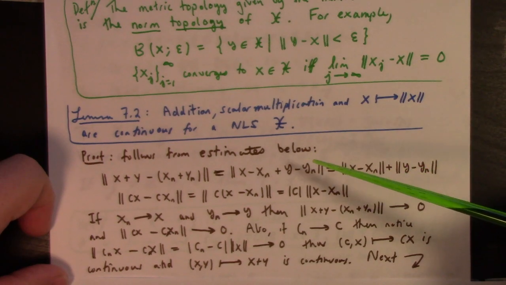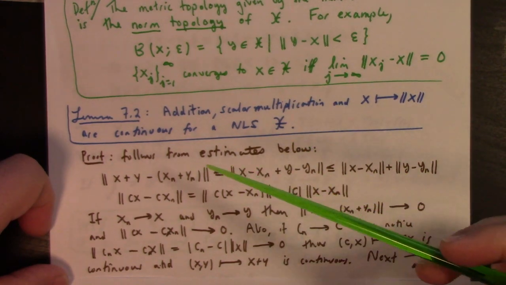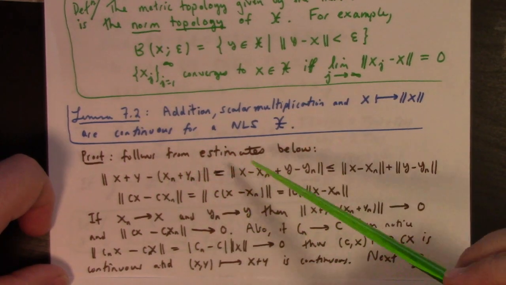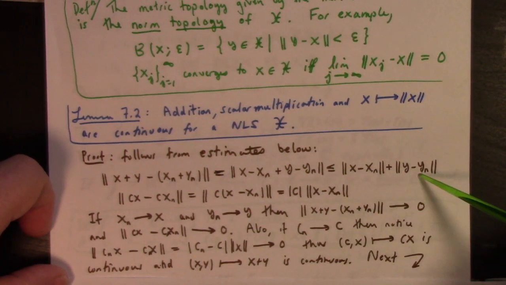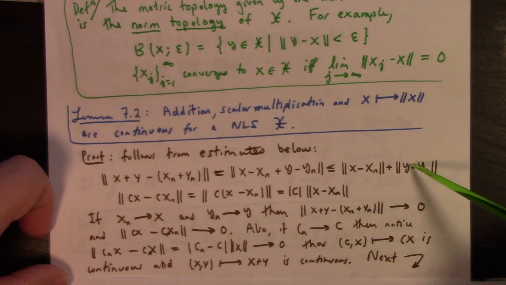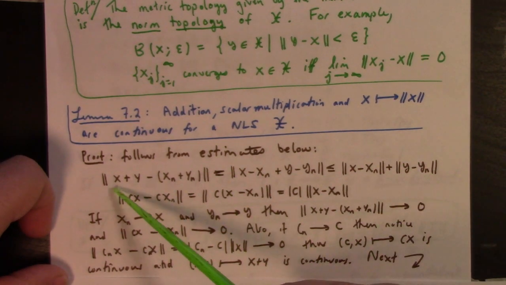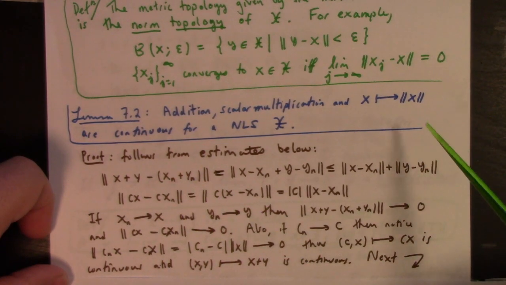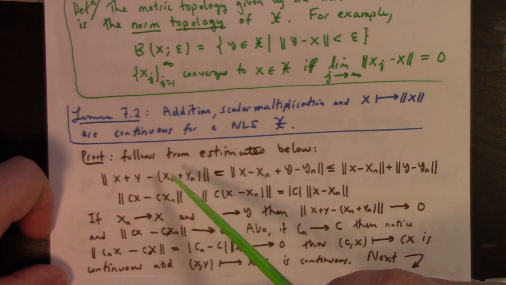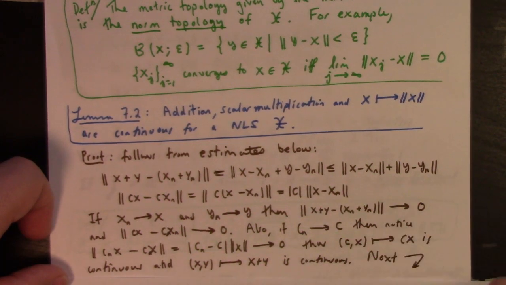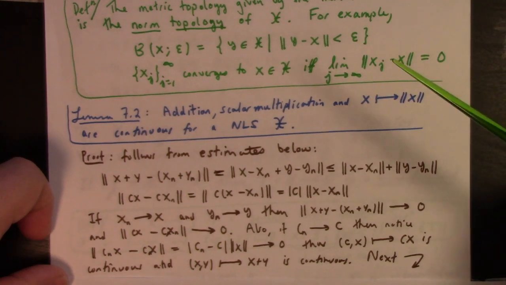But this is the heart of the matter: if we take this difference, we can rewrite it as the sum of these differences, which by the triangle inequality gives me that. So if I know that xn is going to x, and if I know that yn is going to y, then this plus that minus this plus that is going to 0, which is to say that addition is continuous.